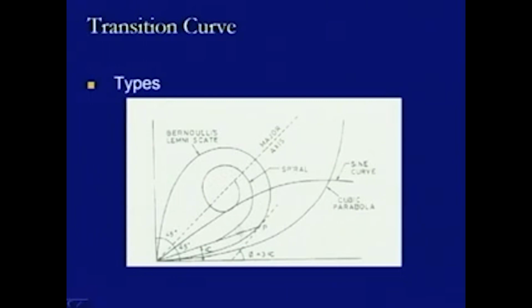This is the spiral curve which is provided, and then we have a sine curve which moves like this. We have a cubic parabola which moves like this. So, there are different forms of curves which can be used as a transition curve. We will look at all these types of curves, and the suitability of those types of curves for the transition curve.